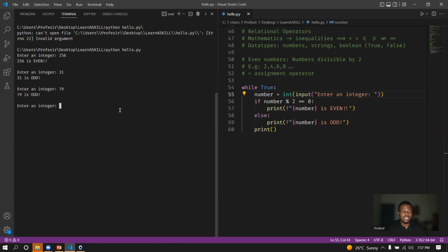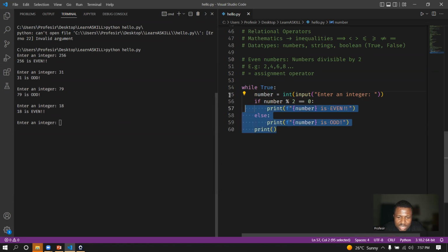Okay, so that is odd. Freddy, your turn. 18, and we know that 18 is what? An even number. So you see, just this little instruction that we have here, we've been able to teach our computer how to separate even numbers from odd numbers.